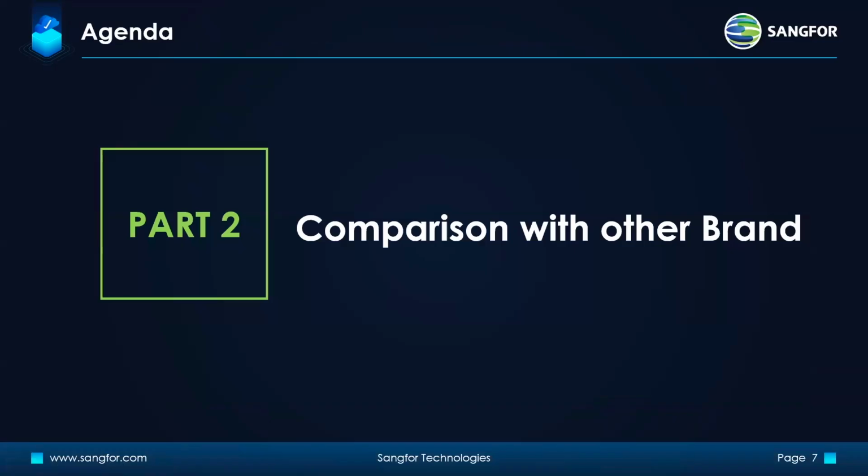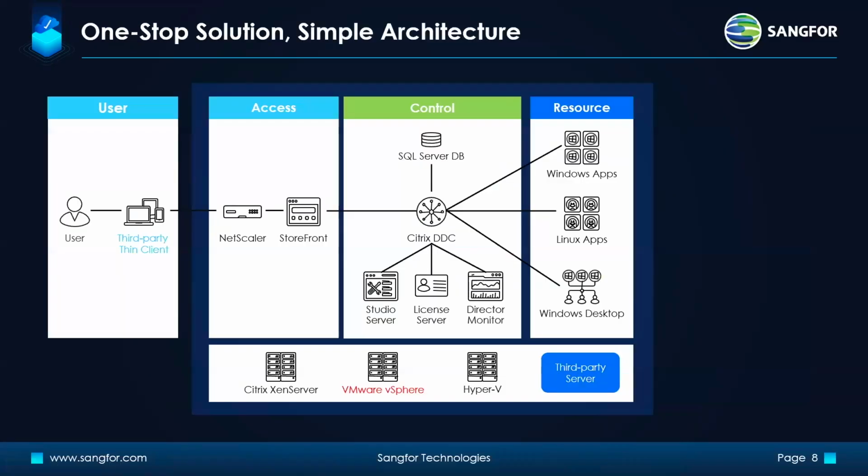Now we will go for the comparison with other brands, how simple and how secure our communication and our setup is. As you guys are aware of Citrix and VMware installation of the VDI, like Omnissa and Citrix.